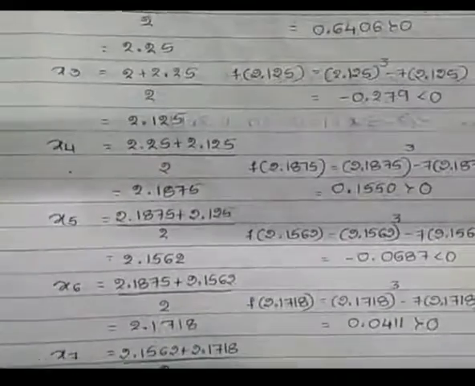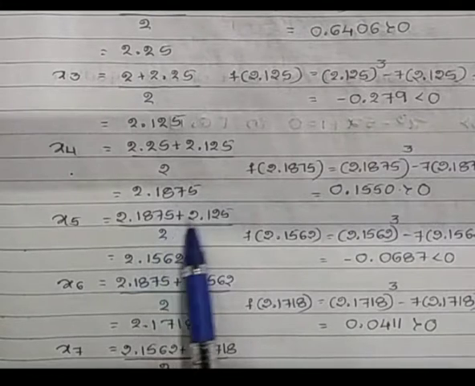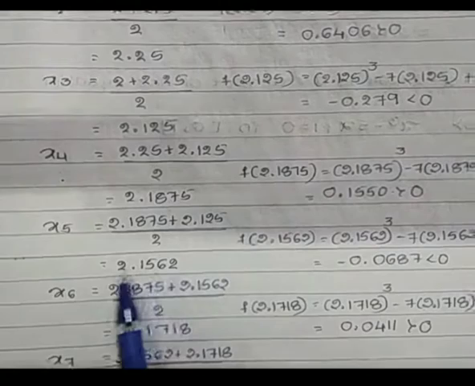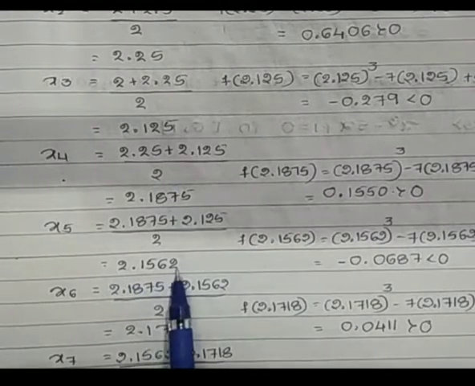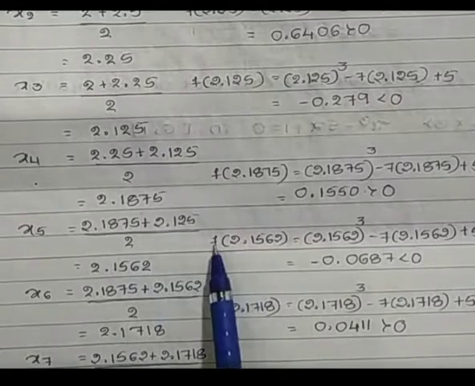Here our x5 calculation is 2.1875 plus 2.125 divided by 2, which gives us 2.1562.